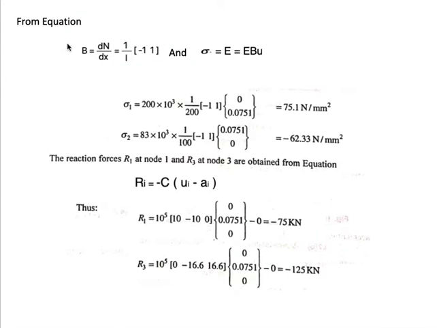Now from the equation, B equal to dN divided by dx equal to 1 by L, that is minus 1, 1, and stress, that is sigma equal to E B into u.